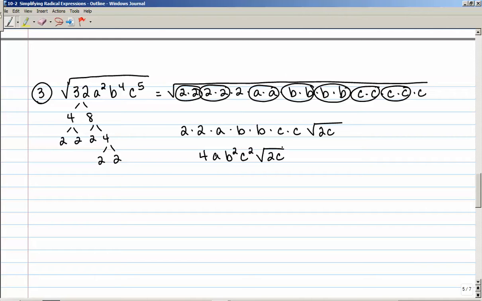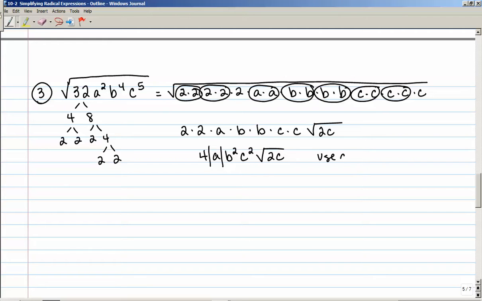But there is one additional thing that I need to do, and that is put absolute value bars around this A, because the rule says that we're going to use the absolute value bars when the exponent inside the radical is even, but then when you simplify that and the exponent outside is odd, you need to put bars around that.